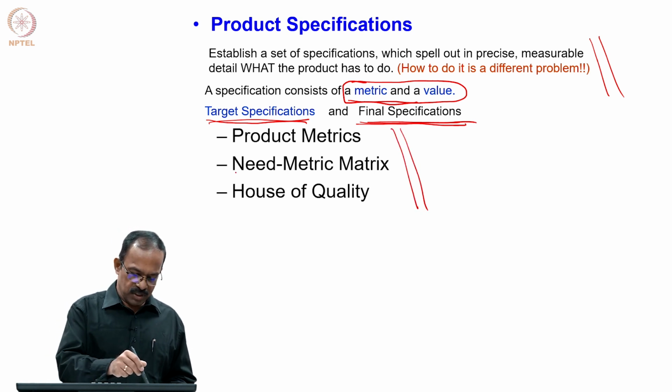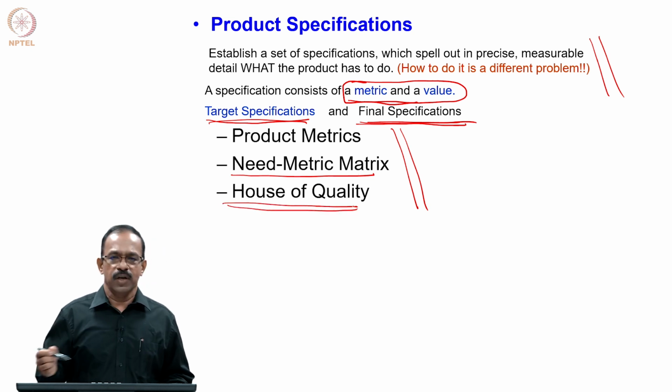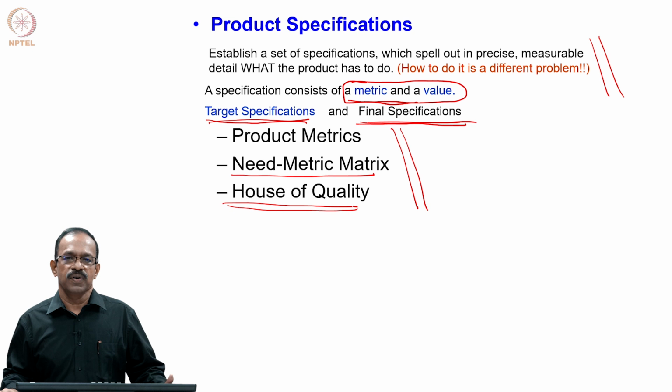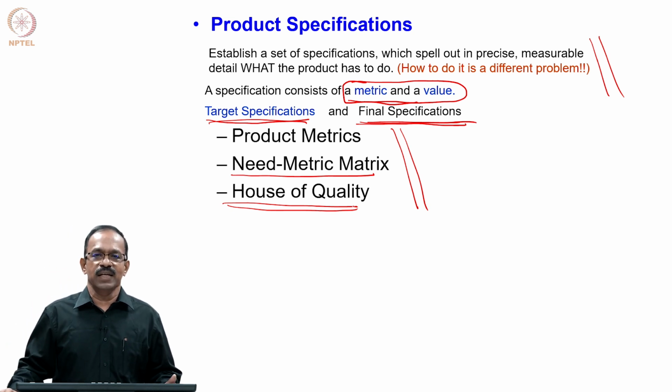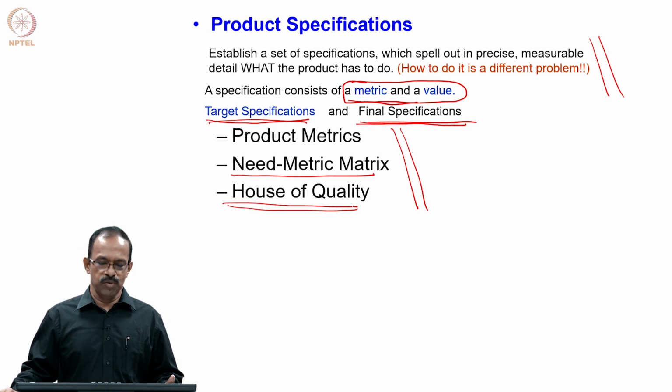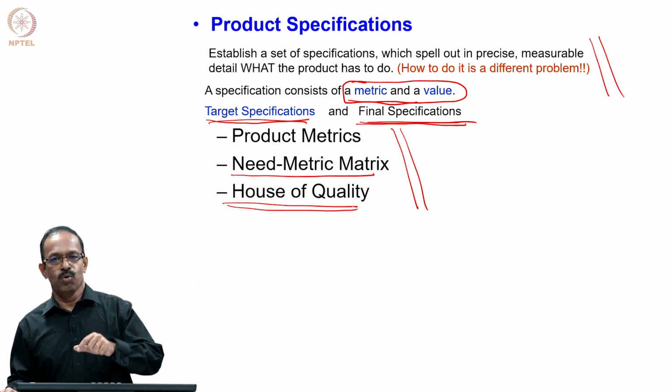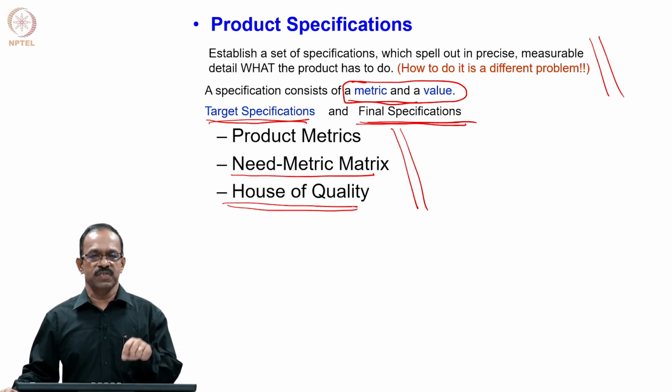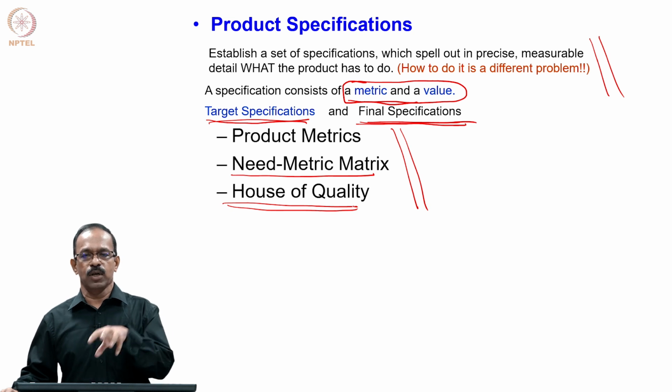Then we talked about the need and metric relationship and how to use the house of quality to have a combined view of customer needs, metrics, values, and the technical difficulty, and based on all these how we fix the target values for the product. So, from customer needs we move to the design specification, which is an objective measurable quantity.